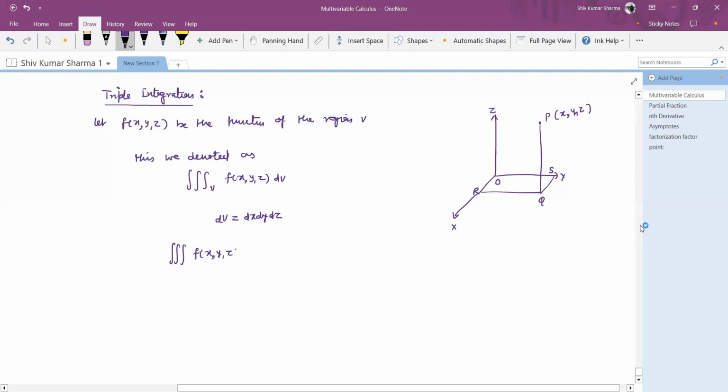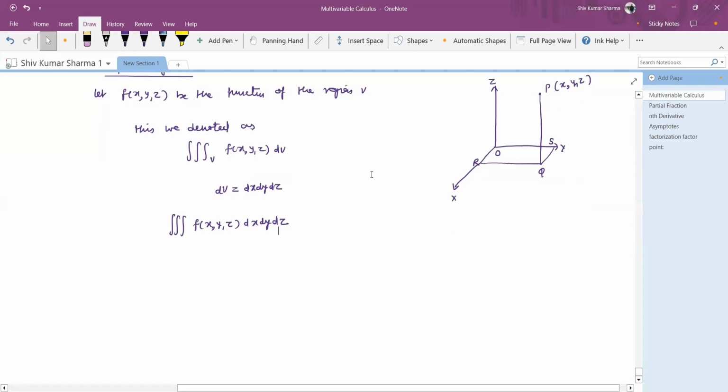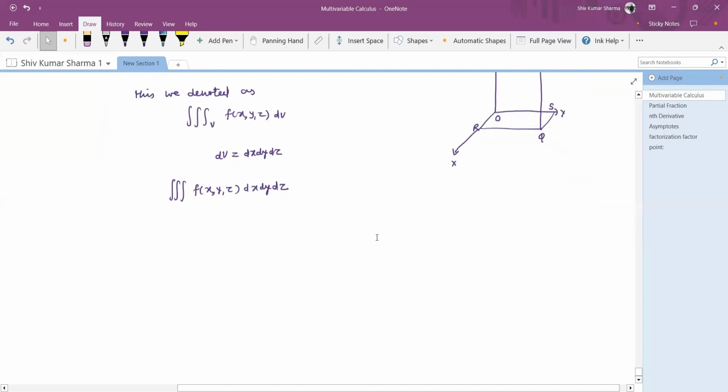We write this as f of x, y, z, dx dy dz. We are going to calculate this over the given boundaries for the particular region V.